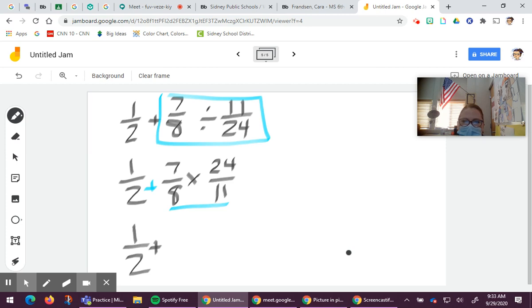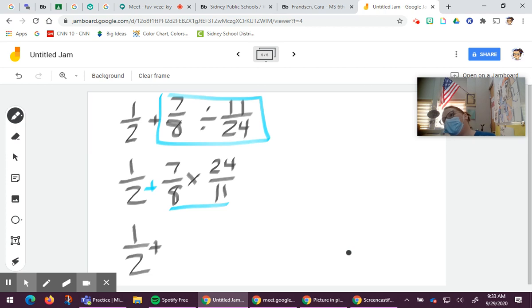All right, so if I have 7/8 and 24 over 11, is there anything diagonal that has common factors? What are they? The 8 and 24. Both of them are divisible by 8. Is 8 divisible by 8? Yes.